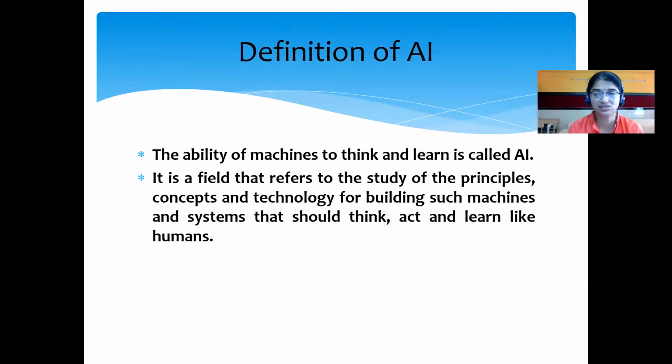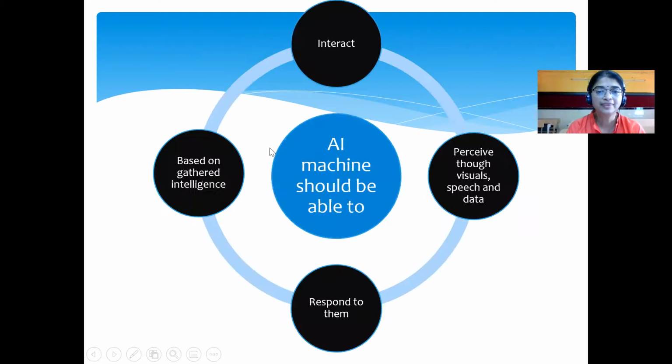So we are relating that the machine should be able to think, act, and learn just like humans. And that field of study, where we learn the principles, the concepts and the technology, is itself called AI.